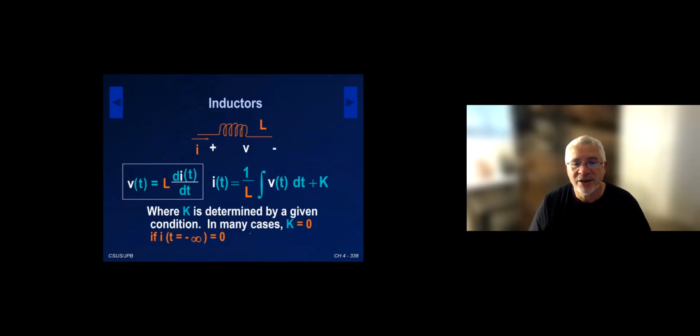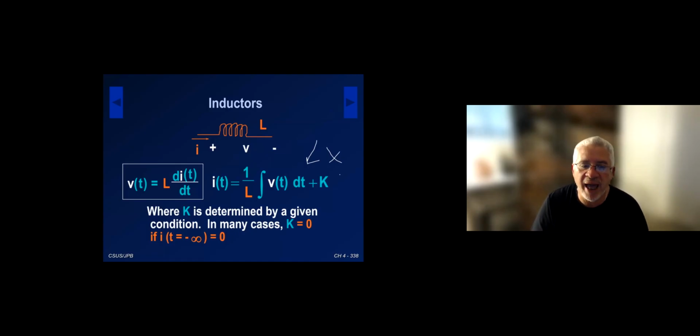We said the voltage is proportional to the derivative of the current, so the current is the antiderivative, the integral. We are not going to use this ever in this class. The derivative relationship is what we're going to use. But to be complete, if you did have the voltage, you could integrate the voltage and get the current.